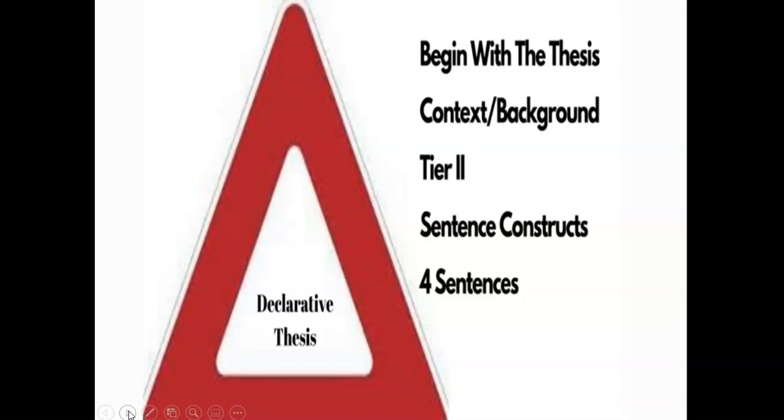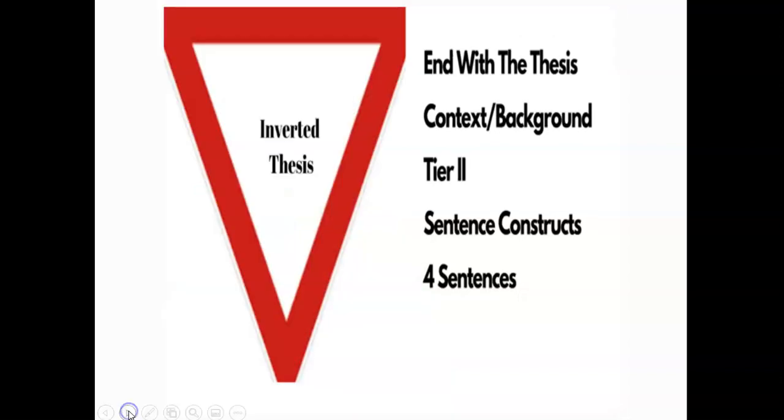So the introductory paragraphs that my students write with my template are exactly 4 sentences long. So begin with the thesis, context, background, tier 2 level vocabulary, manipulate the syntax for voice, rhythm, flow, exactly 4 sentences. You can flip that up on its head and end with the thesis.